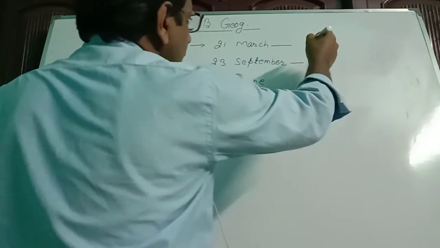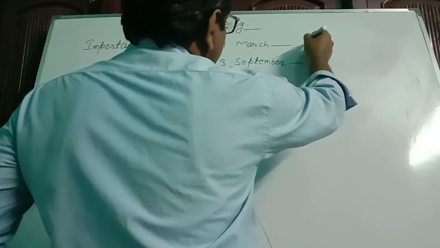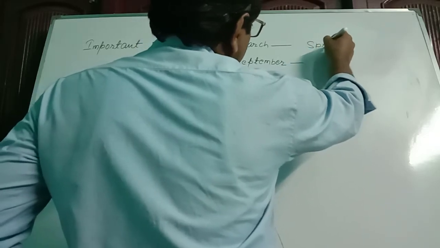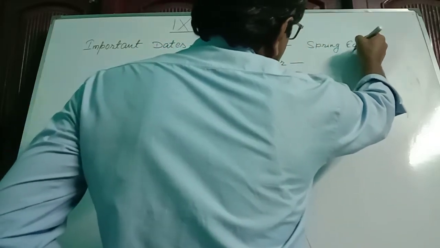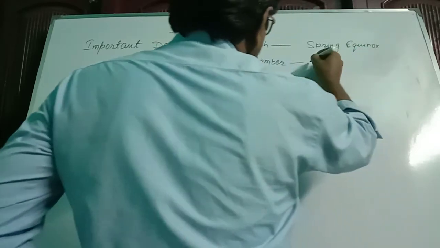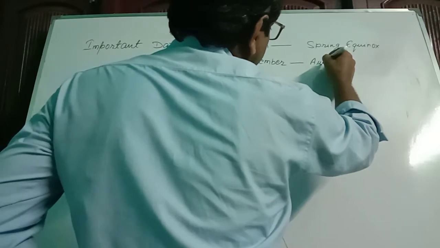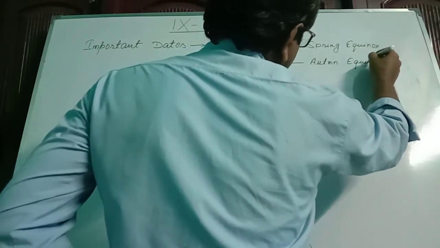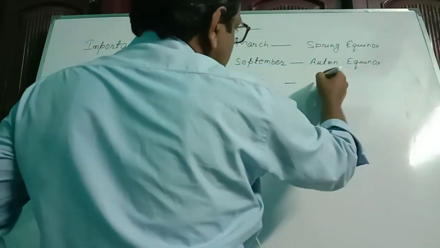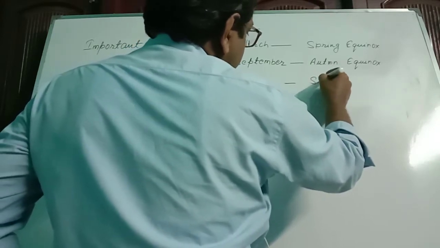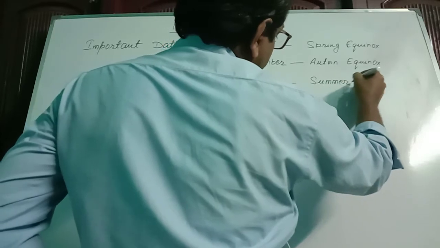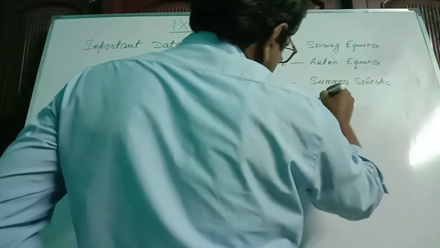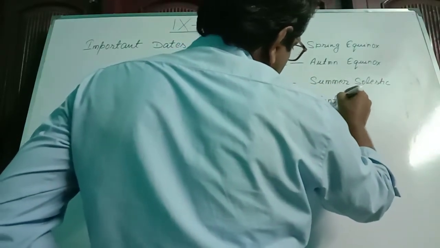The first two dates, 21st March and 23rd September, are equinoxes. First one is spring equinox, second is autumn equinox, third is summer solstice, and fourth is winter solstice.